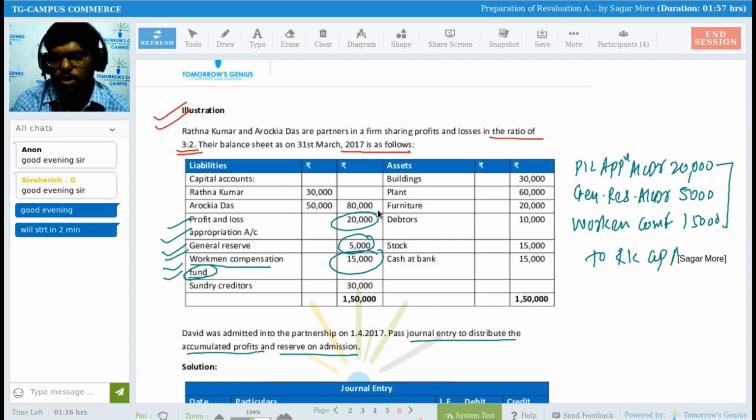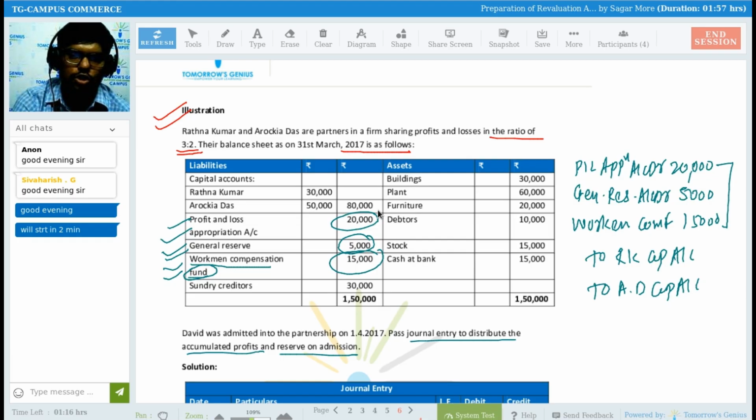To Ratnakumar capital account and A Das capital account. So 20,000 plus 5,000 is 25,000, 25 plus 15 is 40,000. We have to distribute 40,000 in the ratio of 3:2.